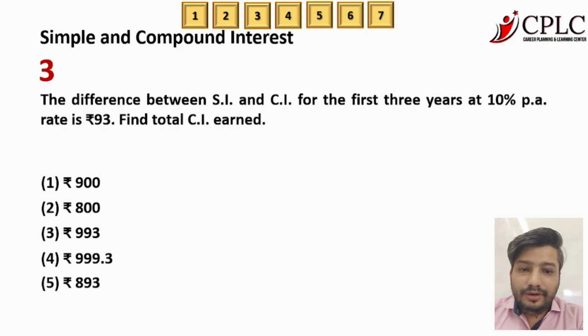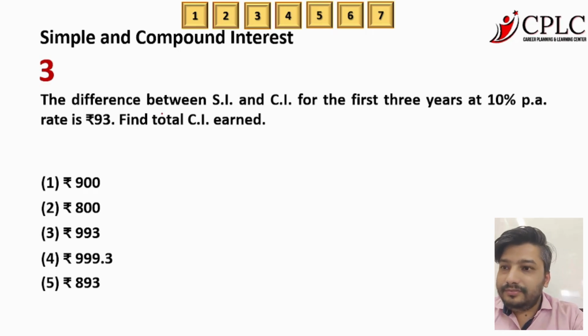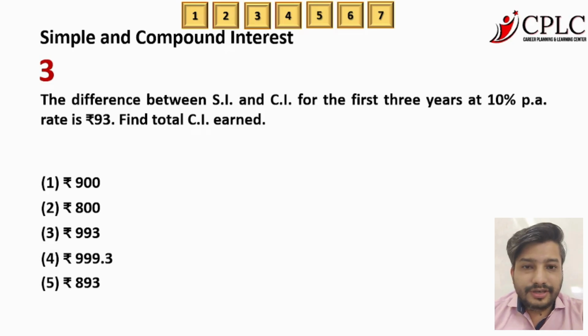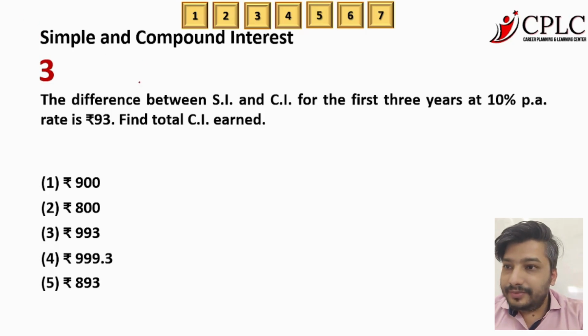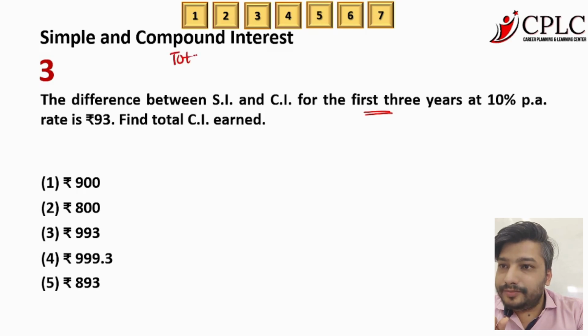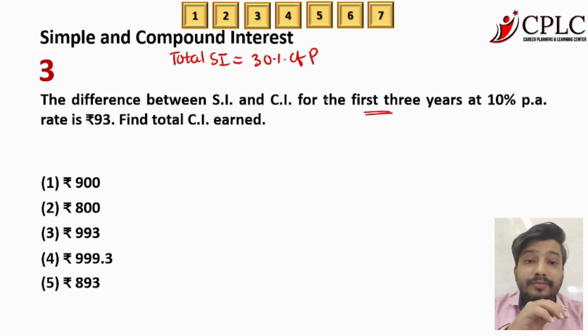So first what we'll need to do is we'll need to derive something. And if you remember, the rate of interest is 10%. So what we can say is, starting the solution, for example, let's suppose if 10% is the rate of interest, then for 3 years the total SI would have been 30% of principal, because 10% every year.